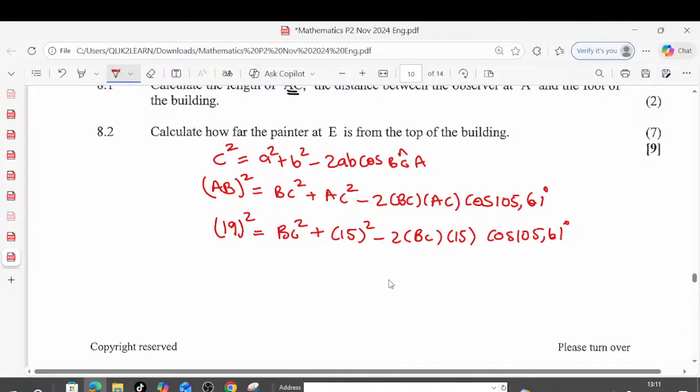Okay. So now I just have to isolate this, and the best thing to do is let BC be any variable. I can say 19 squared is equal to K squared, where BC is K, plus 15 squared minus 2K into 15, the cos of 105.61 degrees. What's next? 19 squared, what is it equal to?